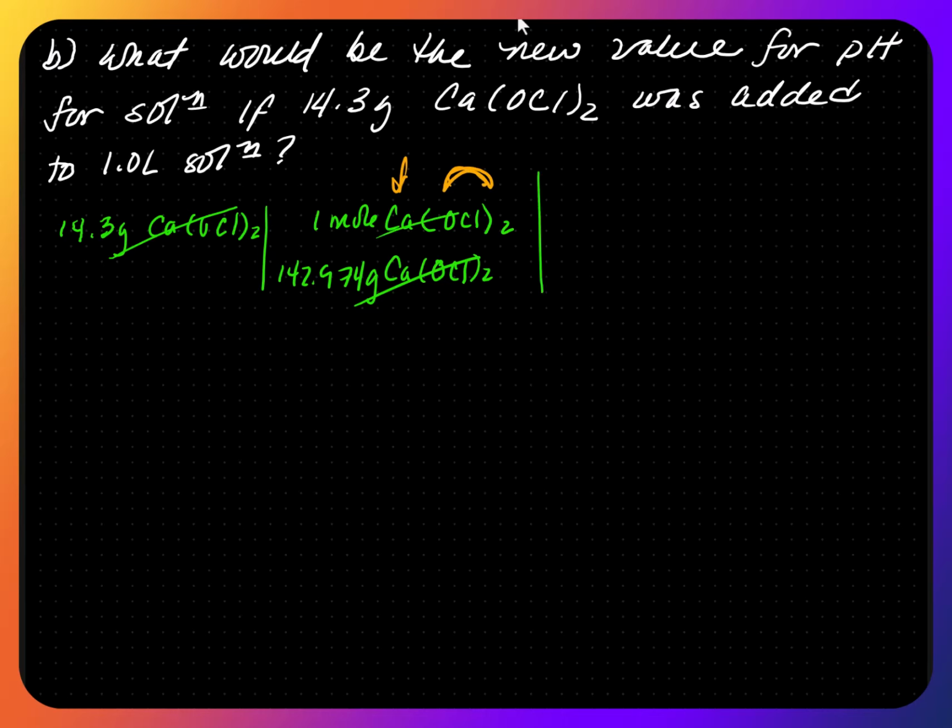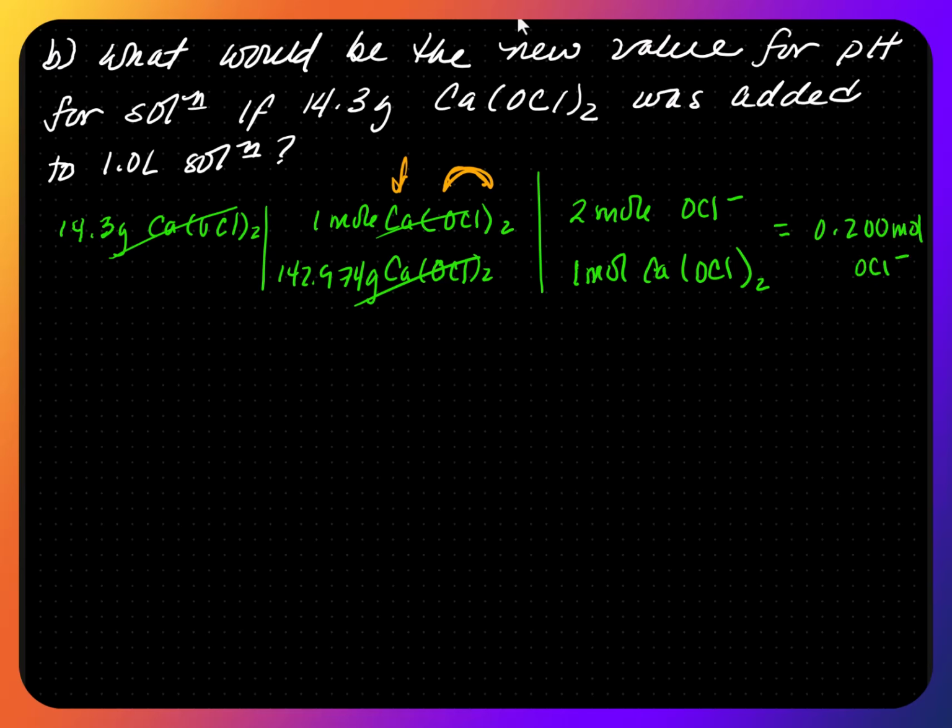So diagonal units have to be the same, so this is going to be 1 mole of calcium hypochlorite. In 1 mole of this compound, there are 2 moles of the hypochlorite ion. So this equals 0.200 moles of OCl minus.